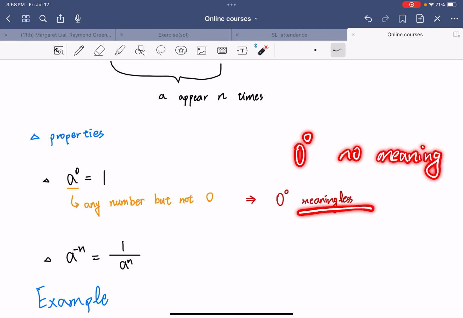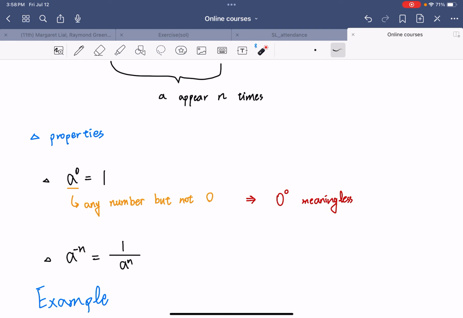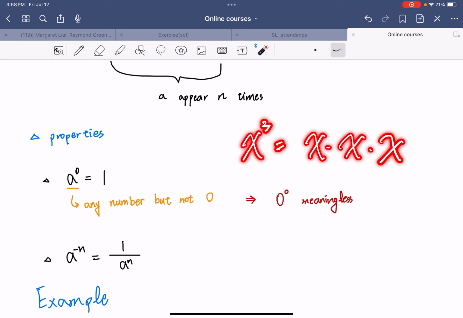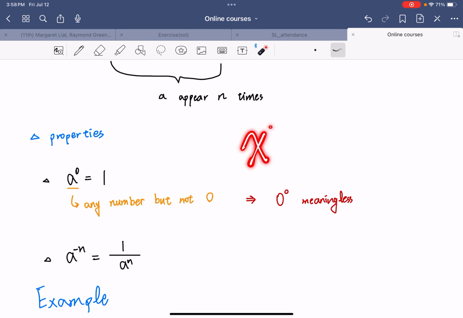And why? When we write exponents, what we want is to make the equation easier to read. So we write x with power 3, that represents 3 x's times each other. And we write x with power 0, that means no x's times each other, and they define this as 1.